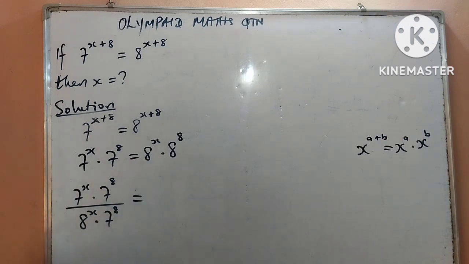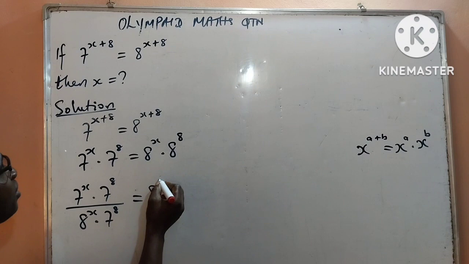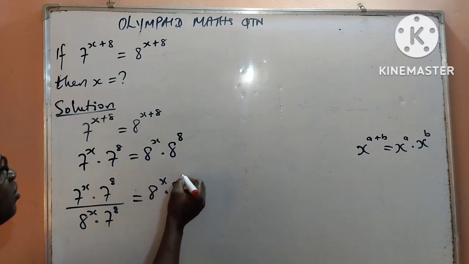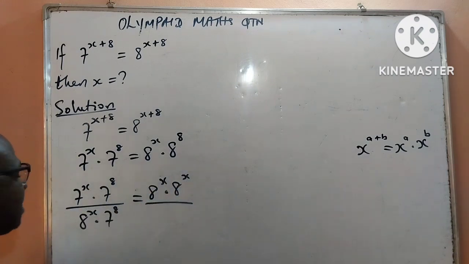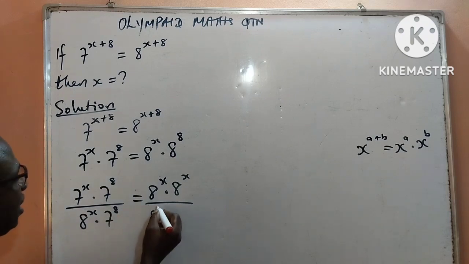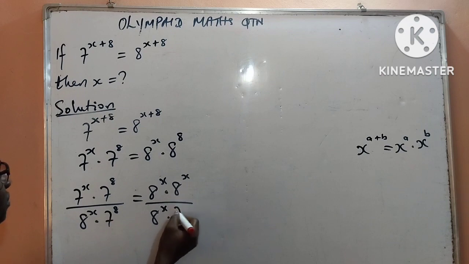On the right-hand side, I have 8 to the power of x multiplied by 8 to the power of 8, and I will divide by the same thing, which is 8 to the power of x multiplied by 7 to the power of 8.